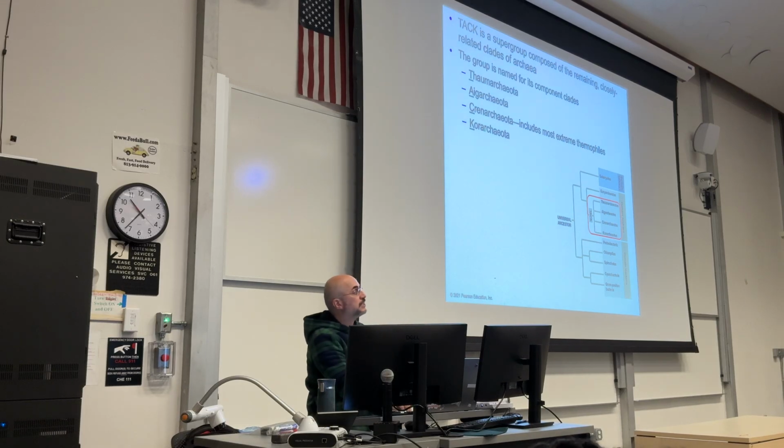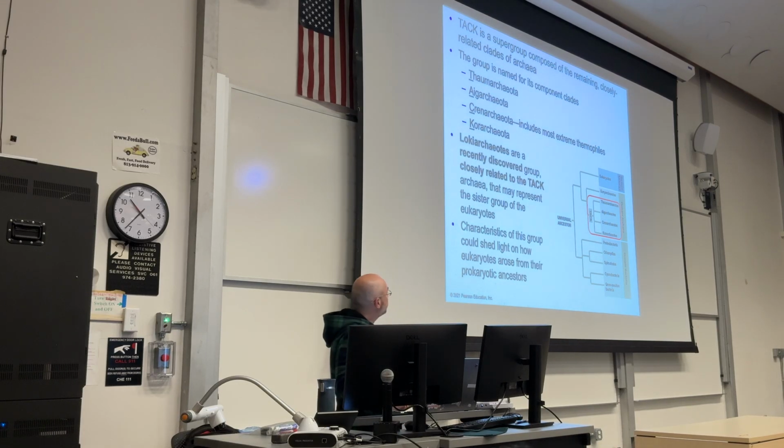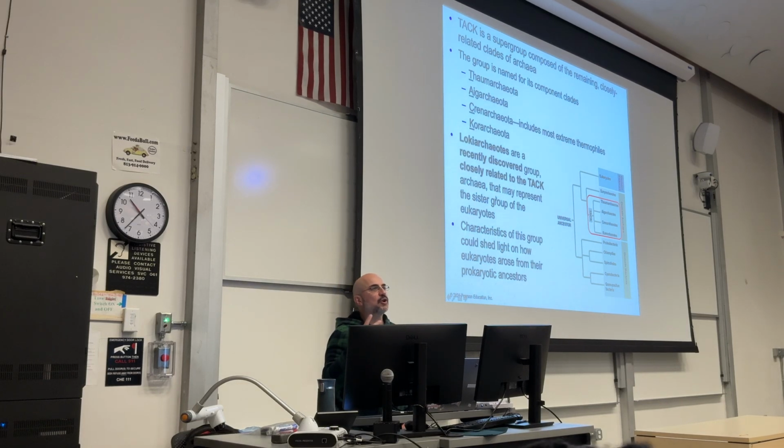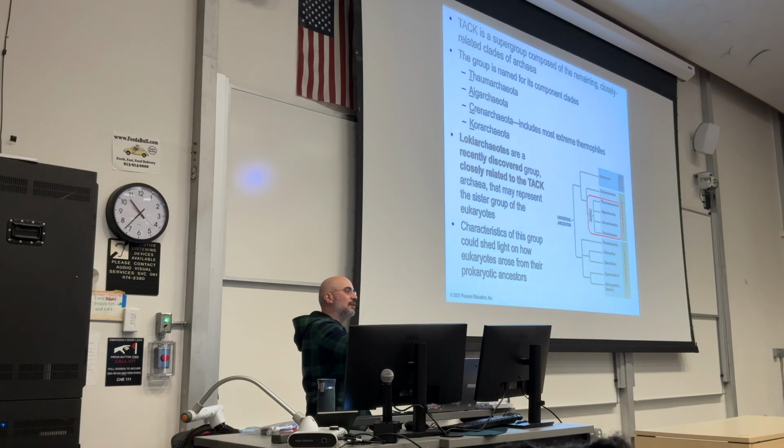Now, one recent discovery is of this archaea group, the Lokiarchaeota. And this one is very important because not only is it closely related to this larger group, but it can actually be the sister group to the eukaryotes, meaning the sister group to all the complex life on the planet, all the eukaryotic organisms, either unicellular or multicellular like us.